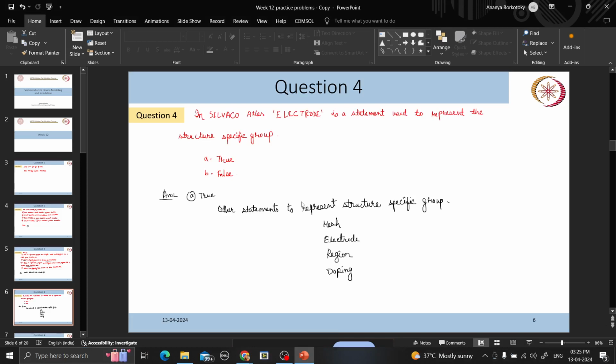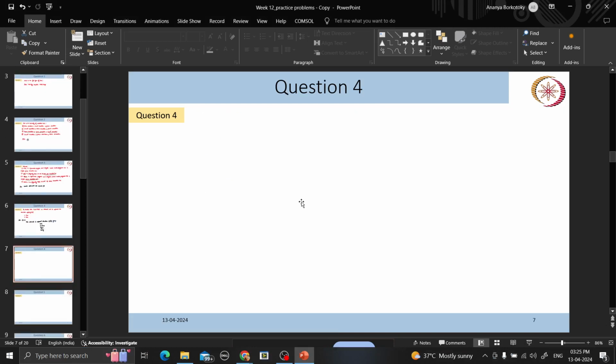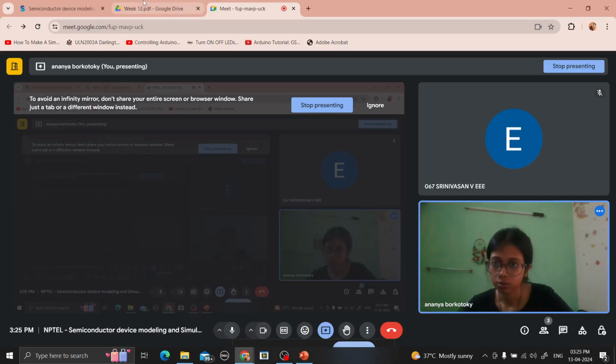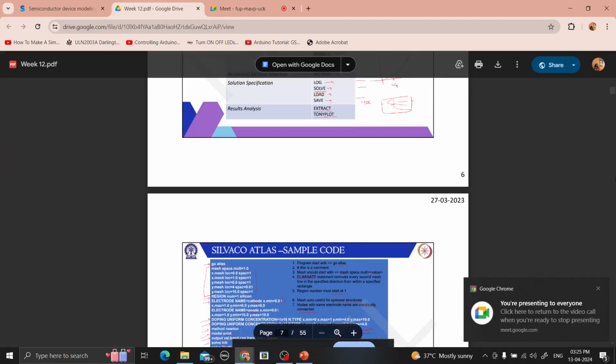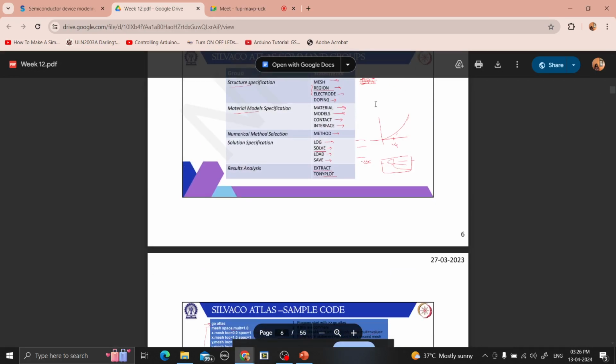I think one example was discussed in the class, like this example. So this is the structure group.